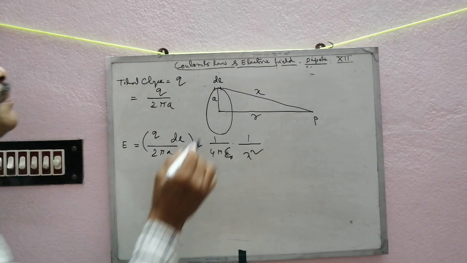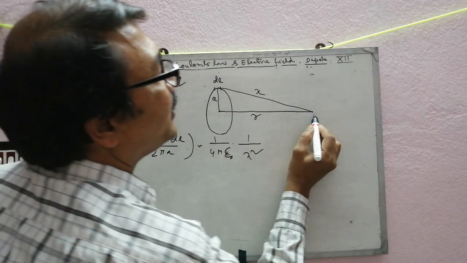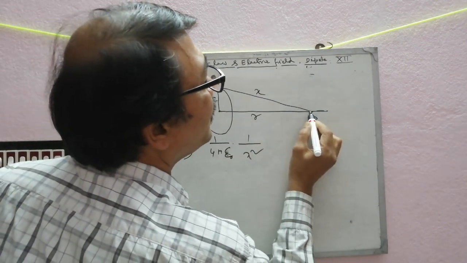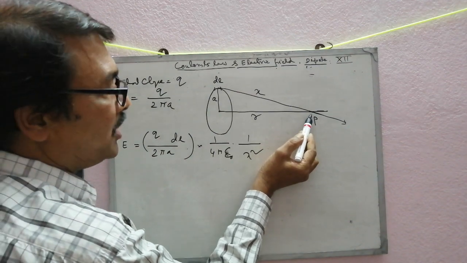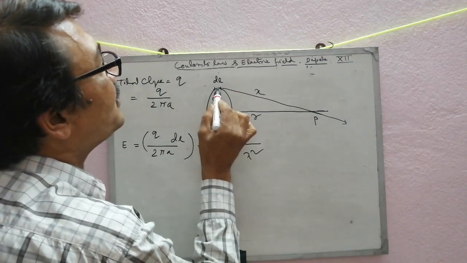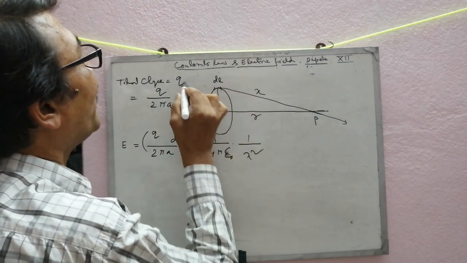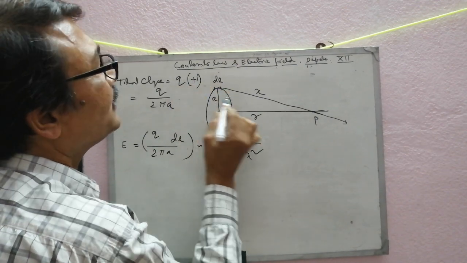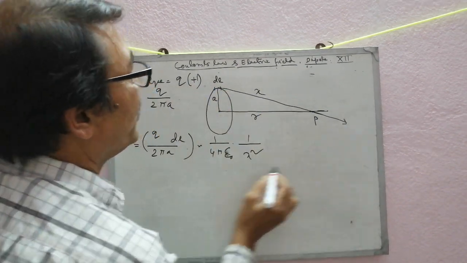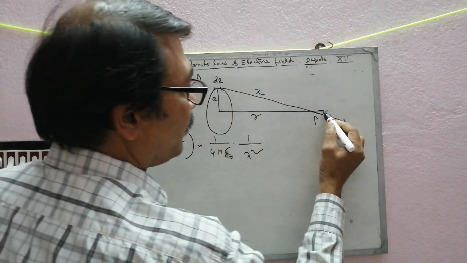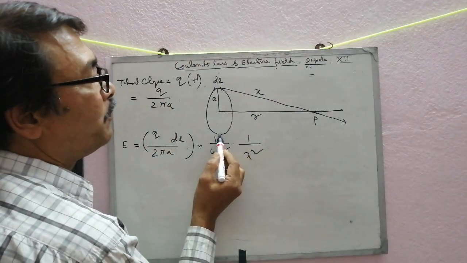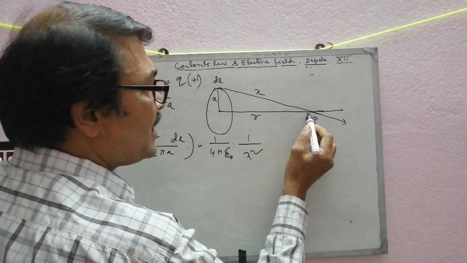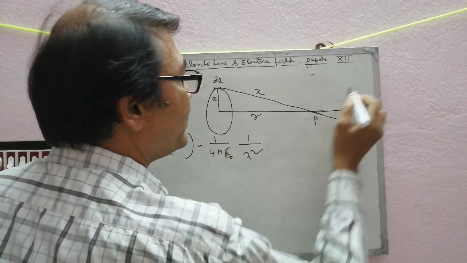Okay. If this is the positive charge, the direction of the field will be in this way, because here we place a positive test charge, and if this Q charge is plus charge, then direction will be in this way. Similarly, at the bottom point, the field will be in this direction.